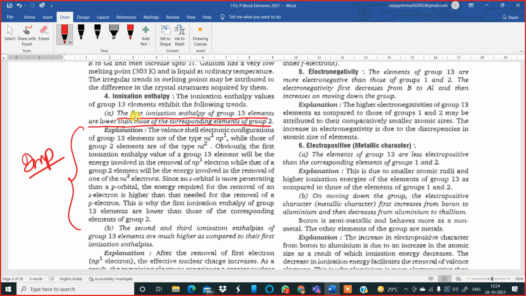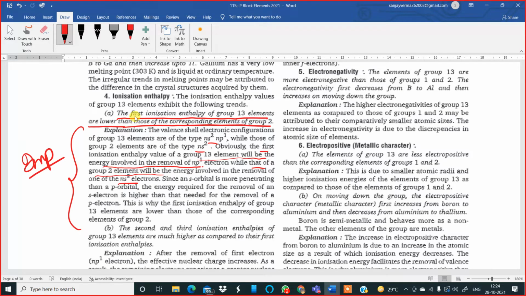If you look at the reason, the valence shell electronic configuration is ns2 np1, while those of group 2 elements are ns2 only. Obviously, the first ionization enthalpy of group 13 elements will be the energy involved in the removal of an np1 electron, while that of a group 2 element will be the removal of an ns2 electron.